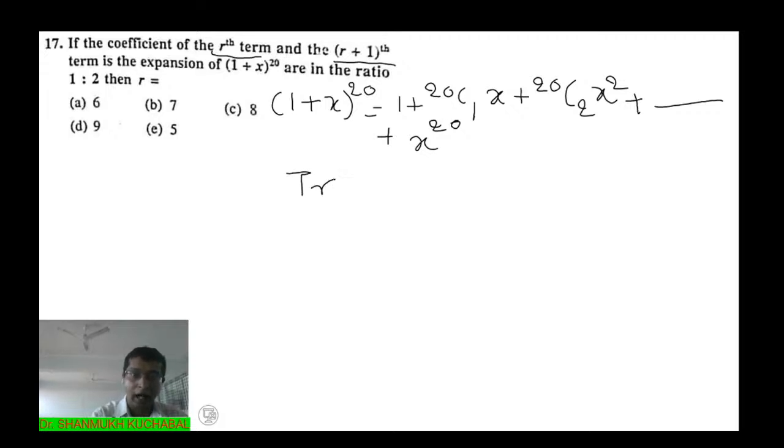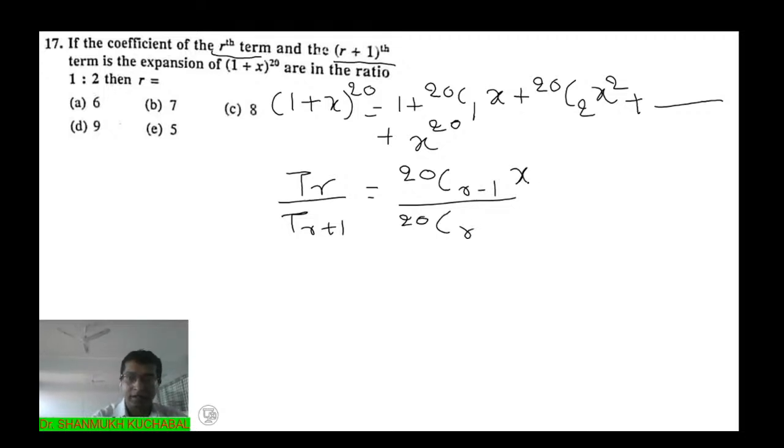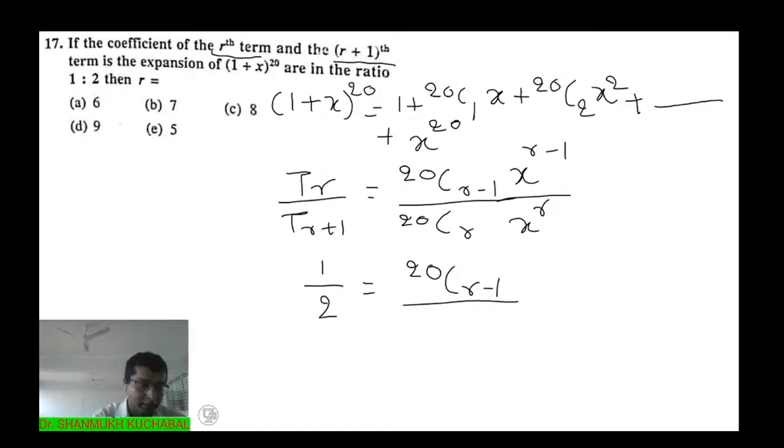The ratio is t r divided by t r plus 1, equal to 20C(r minus 1) divided by 20C r, with x raised to r minus 1 and x raised to r. The ratio is 1 by 2, so we take 20C(r minus 1) divided by 20C r equal to 1 by 2. Simplifying, we get r divided by 21 minus r equal to 1 by 2.